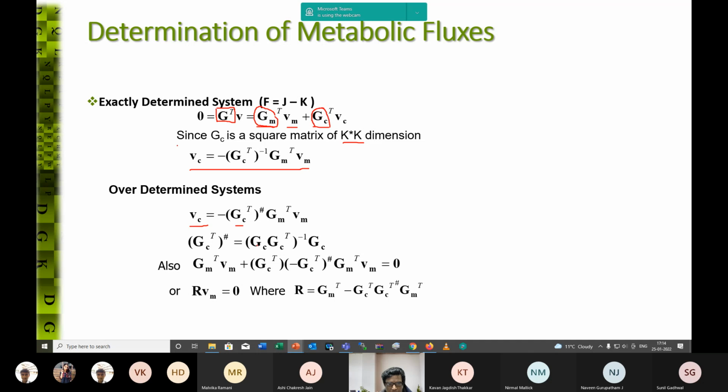But here what we're doing is getting what is called the pseudo inverse, because GC in this case would be non-square. So you'd have to pre-multiply with GC transpose, take the composite of that, and multiply both sides of the equation with its inverse, and then you will get this component that comes up as part of the VM term.